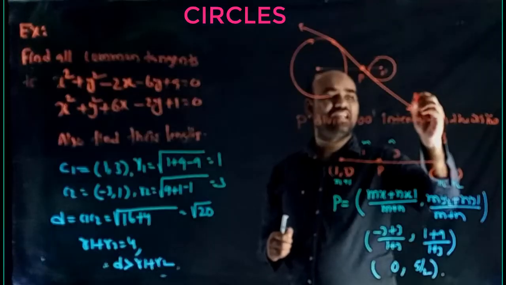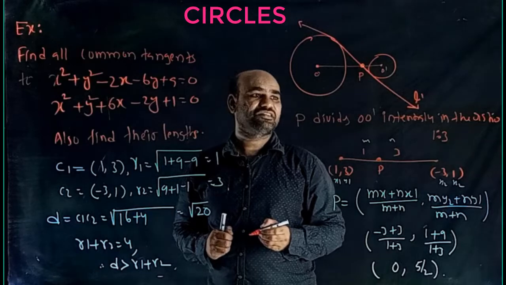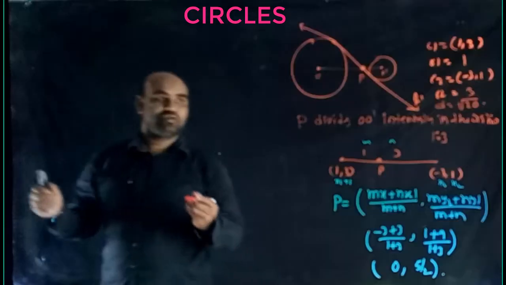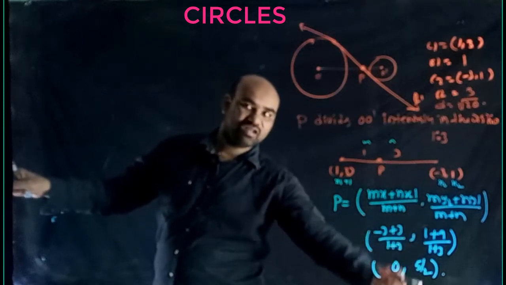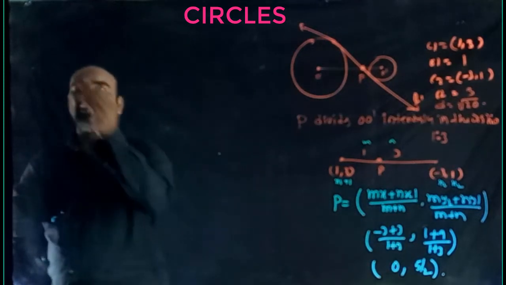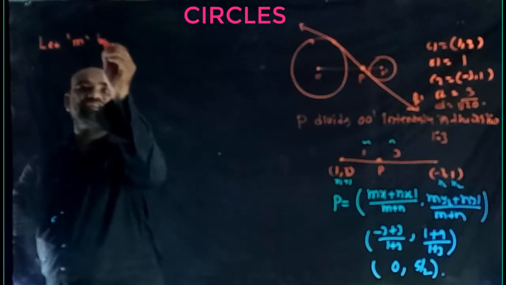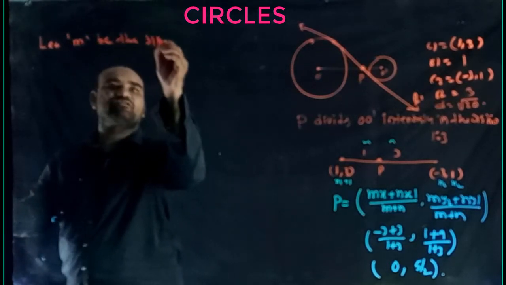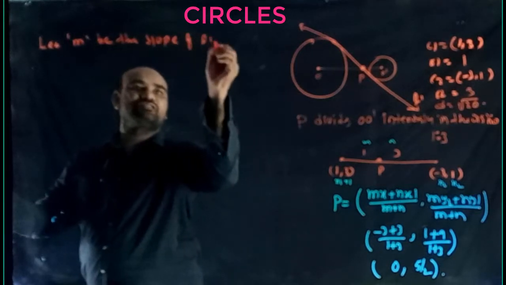Say this is a line L1. I want to find the equation of L1. Actually you want to find the equation of L1. Already you have a point on L1, so you want its slope. Let m be the slope of L1.